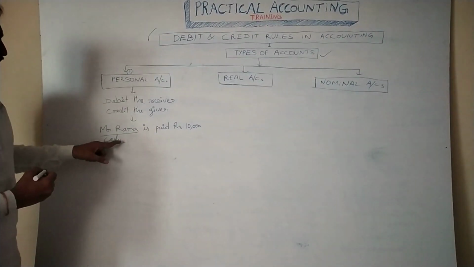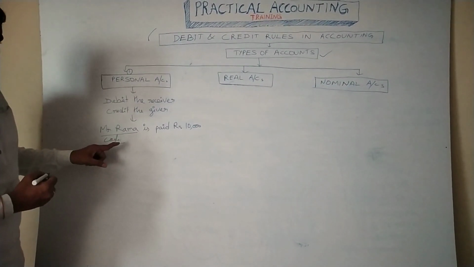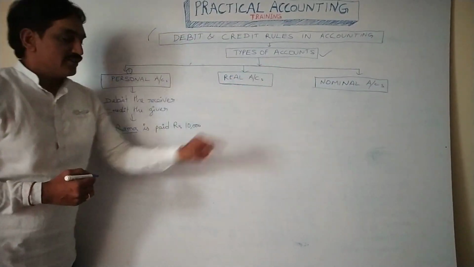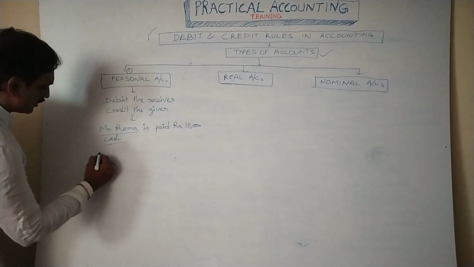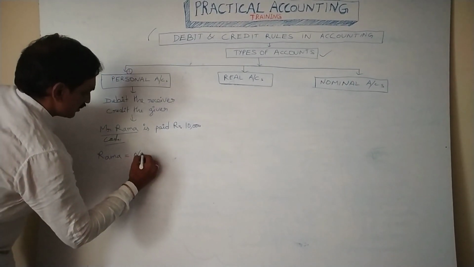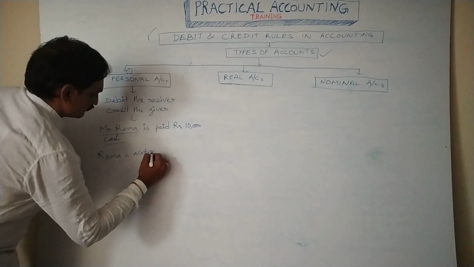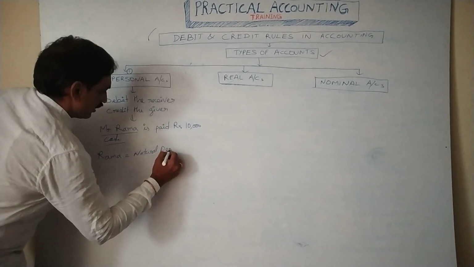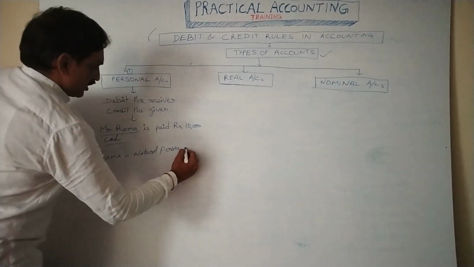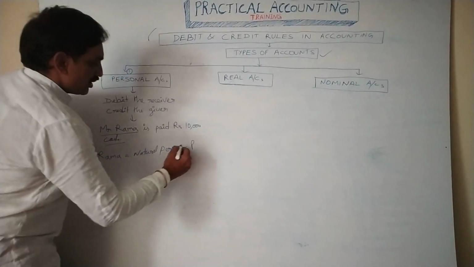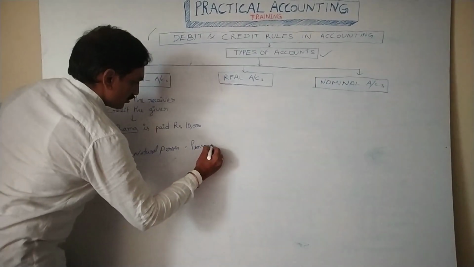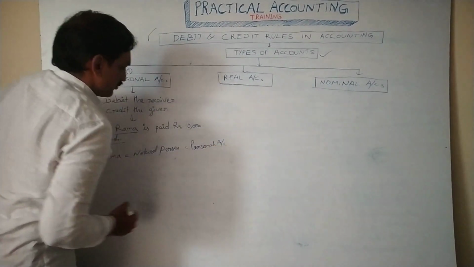So first step is, as an accountant, you must know what accounting type Rama is. Rama is a natural person, a human being. So this is sure: this is a personal account.